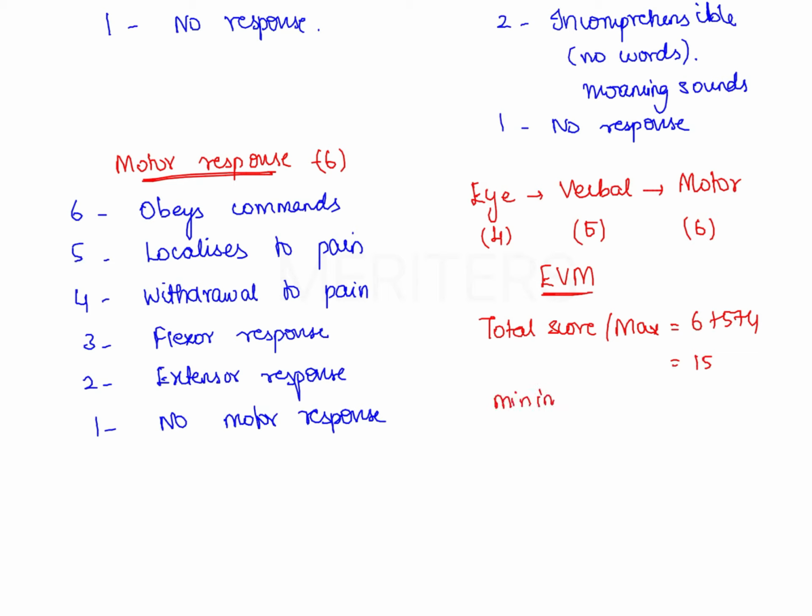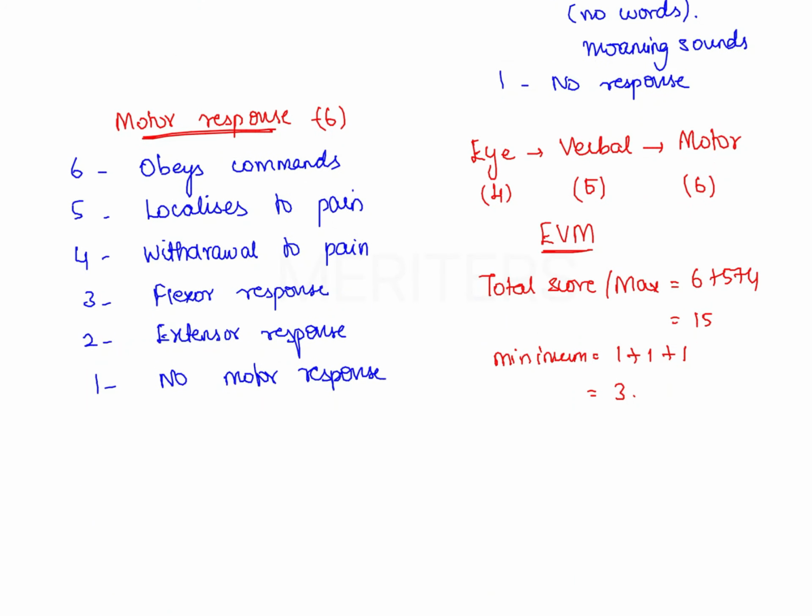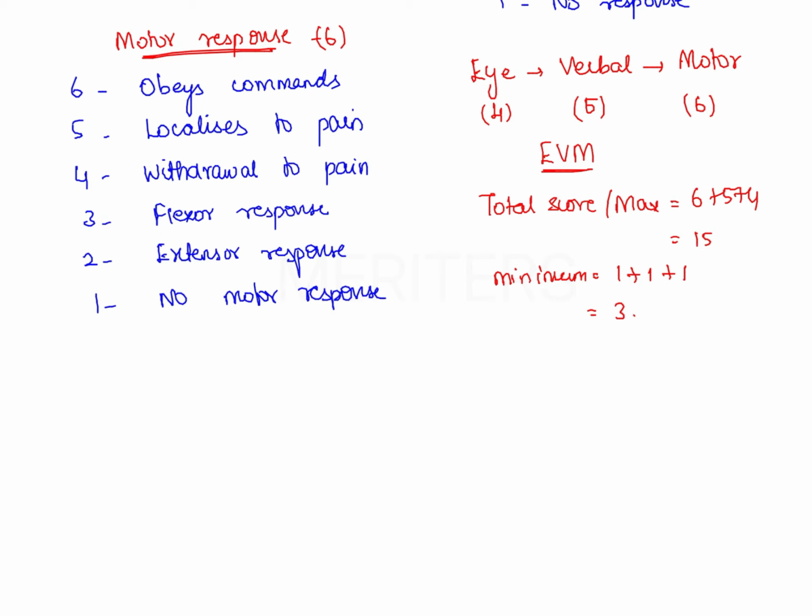Whereas the minimum score one can get is 3, because no eye response, no verbalization and no motor response are all indicated by a score of 1 each. Therefore, the minimum score is 3. Now to assess the prognosis: if the score is 13 to 15, then it indicates that the patient is suffering from mild head injury or minor injury.